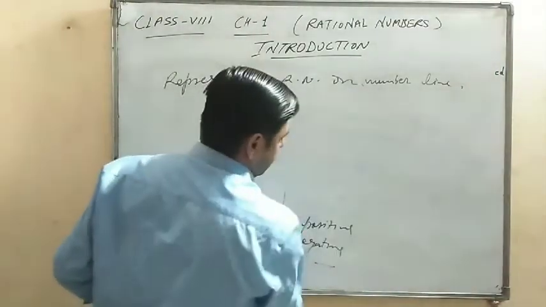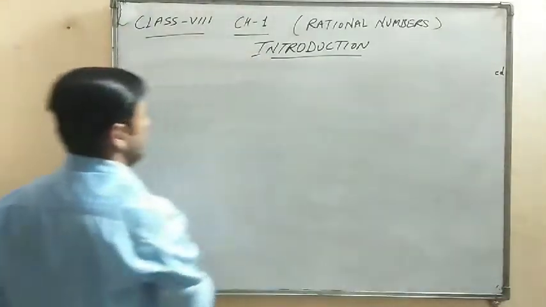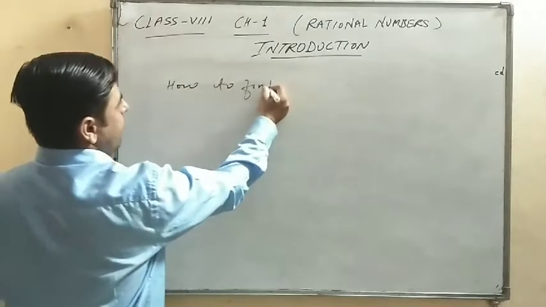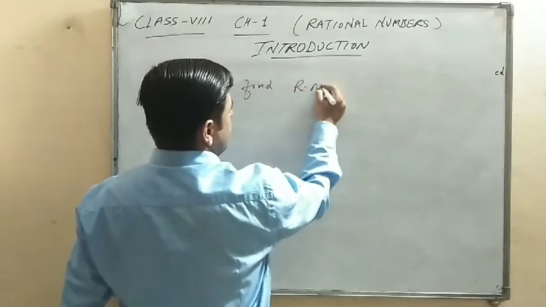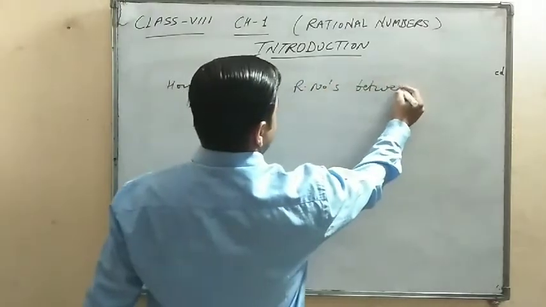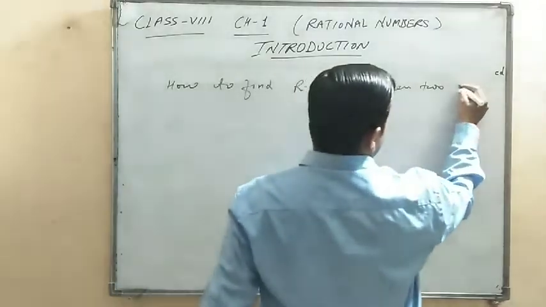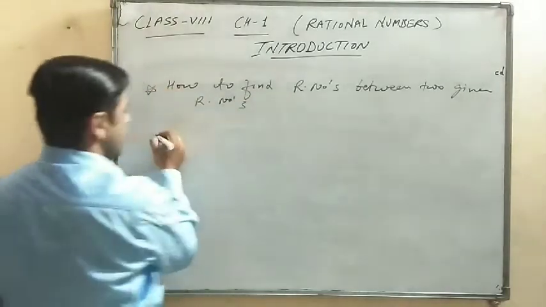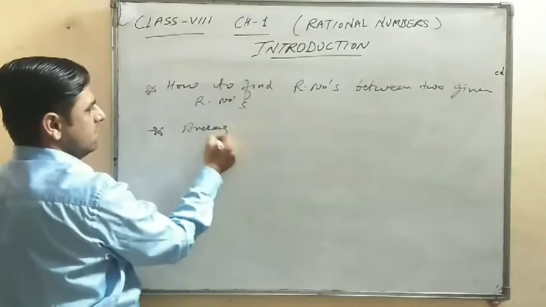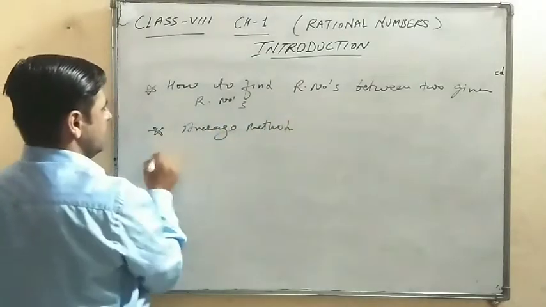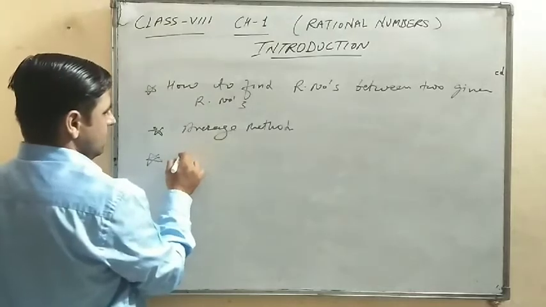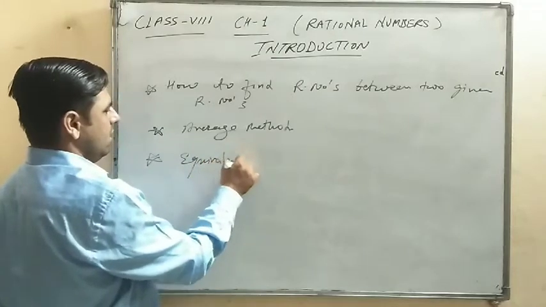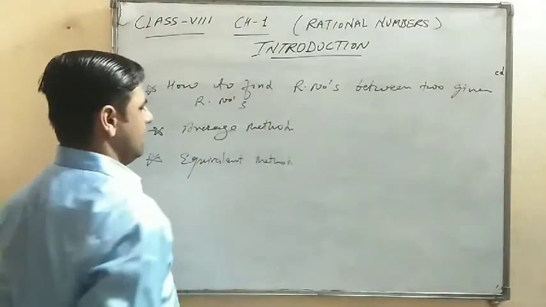and next, the last one is how to find a rational number between two given rational numbers. There are 2 methods. First is the average method. Second is the equivalent method.